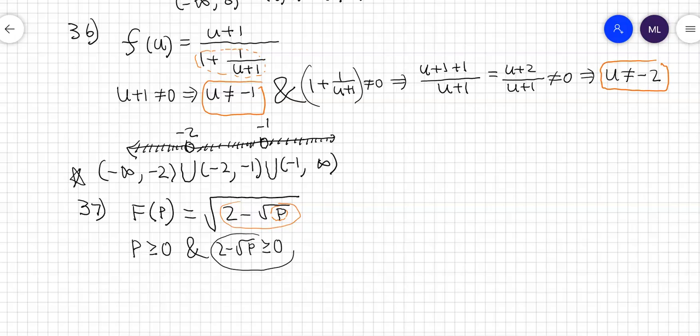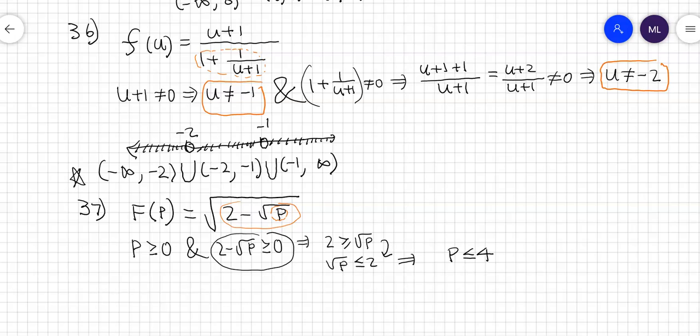So what is the meaning of this one? 2 is greater than or equal to square root of p, or square root of p is less than or equal to 2, same thing. That means p has to be less than or equal to 4.